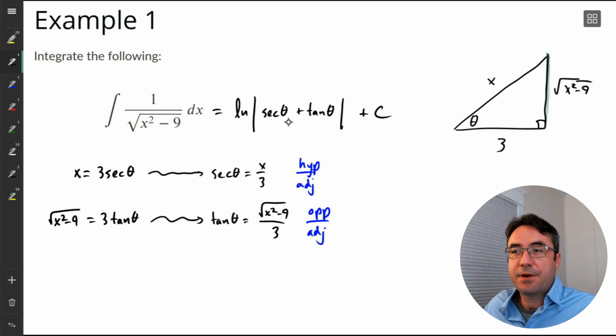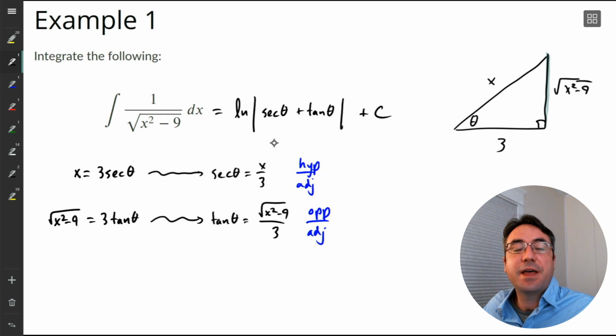And we just have to figure out, well, normally what we would do is go to our right triangle, and normally there would be other trig terms here that we would have to figure out. And that's what we would use our right triangle for. But actually, just from our substitutions, we have enough information now. We know what secant theta is in terms of x, and we know what tangent is in terms of x.